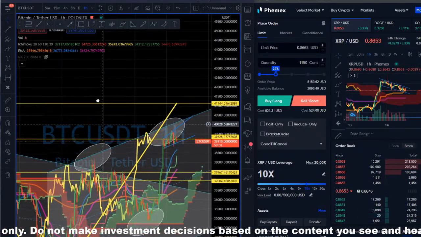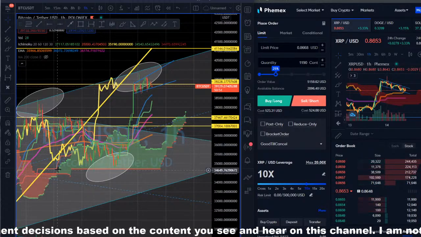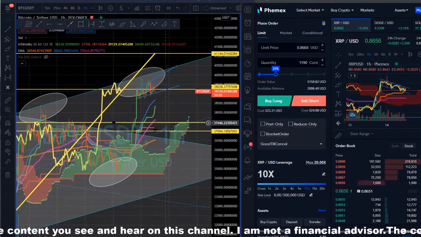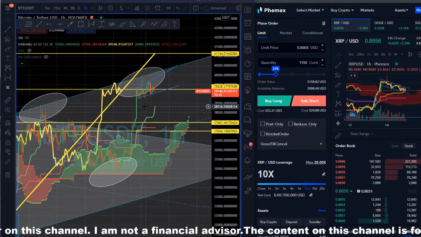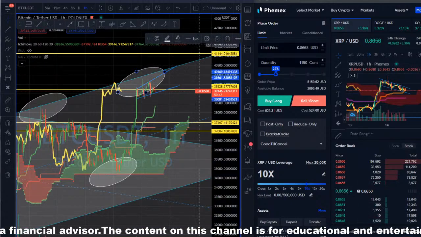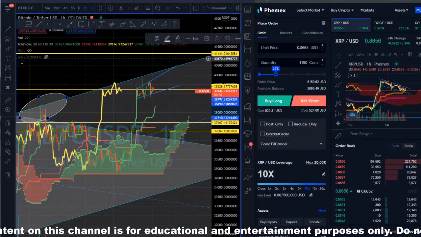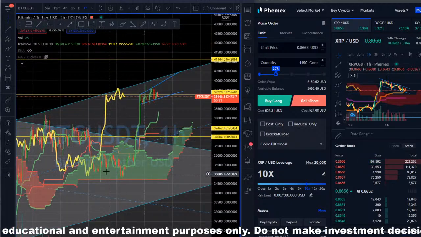So you guys see how we have the Kumo cloud in green, right? Let's make this a little bit more clean for you guys. There we go. All right, so as you can see, we have a Kumo cloud that's green.